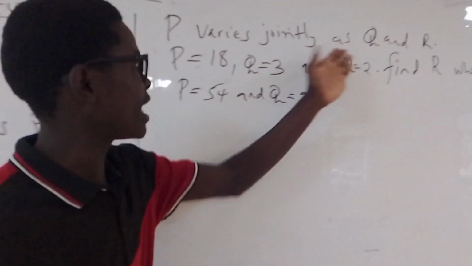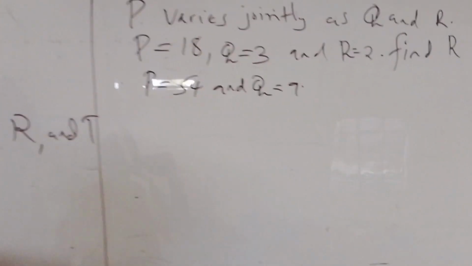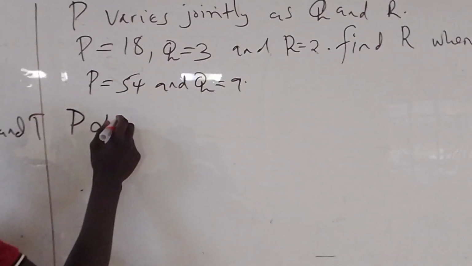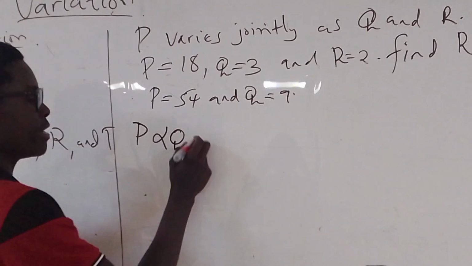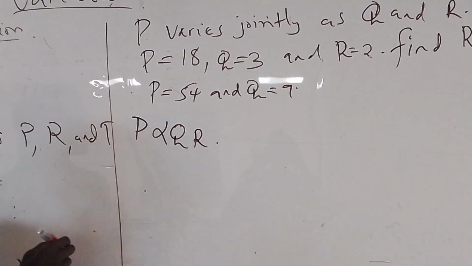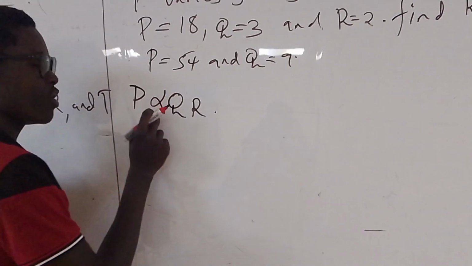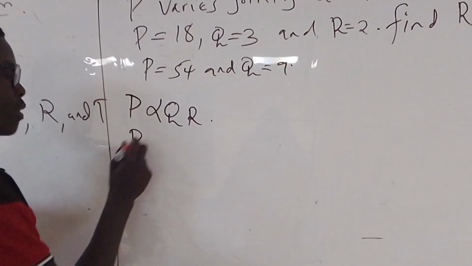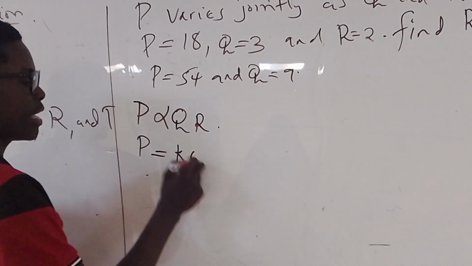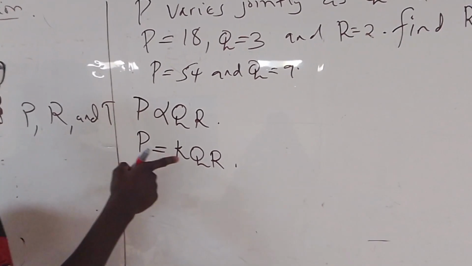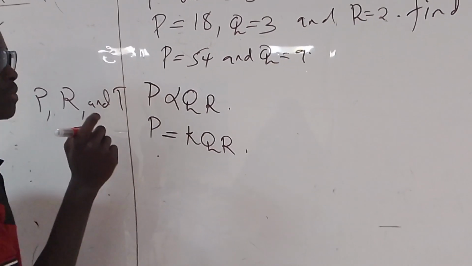P varies jointly as Q and R. So we are still using the sign of proportionality. So P is equal to KQR. When you introduce the equal sign, you introduce the constant of proportionality.